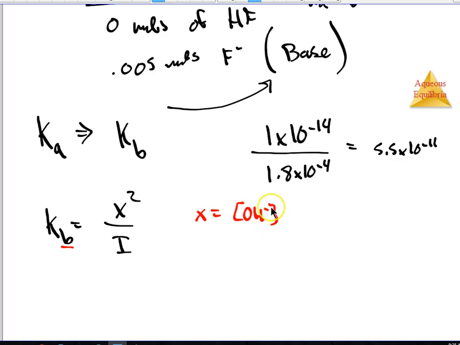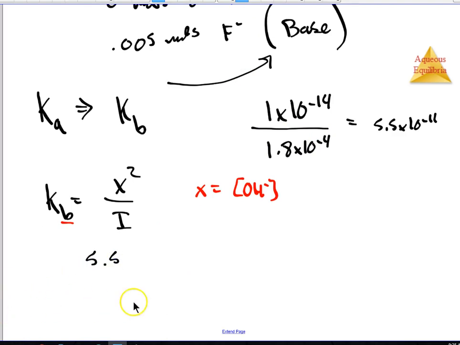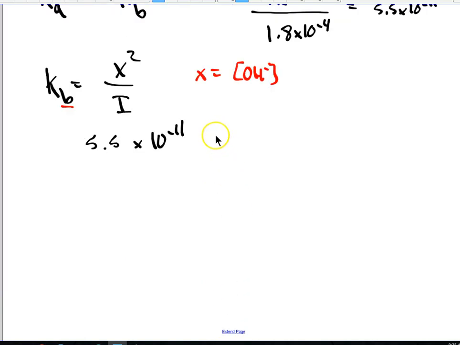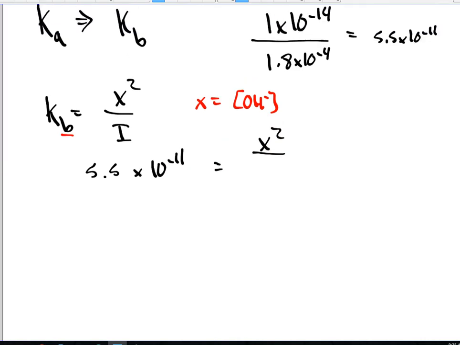So if we're solving for that, remember when we do this, we're going to find the pOH. So we just have to take that extra step to subtract it from 14. All right, so I now have this 5.5 times 10 to the negative 11 is equal to x squared over the initial amount of F minus that I had.